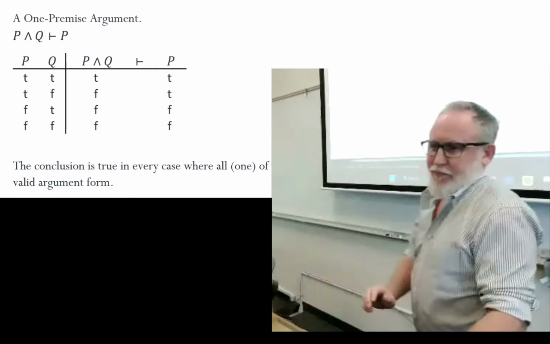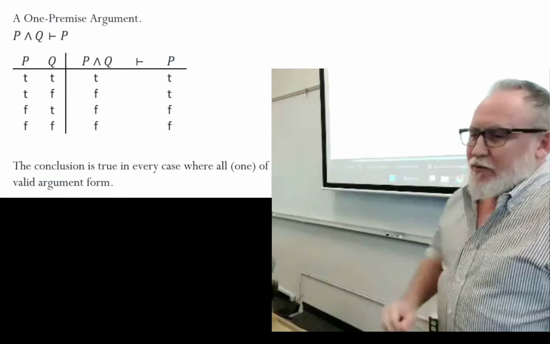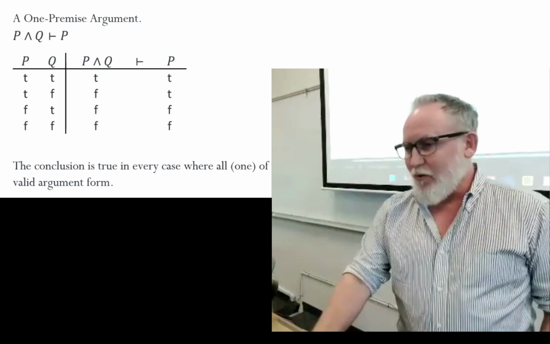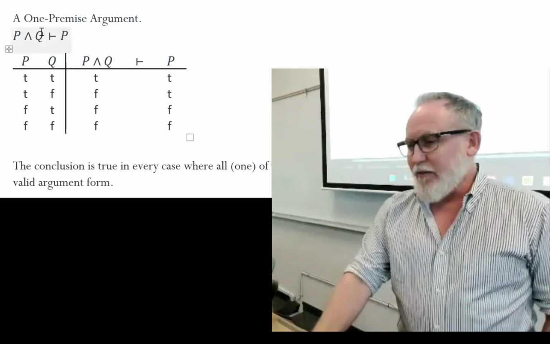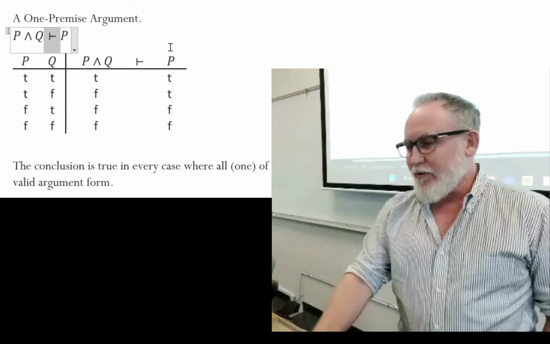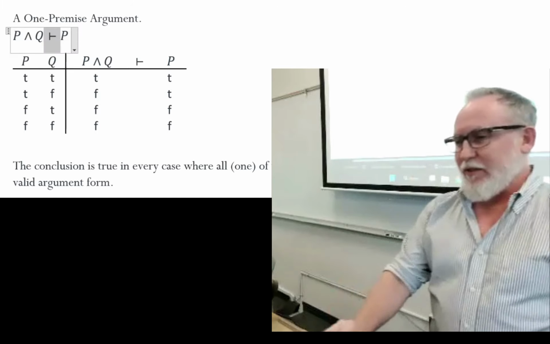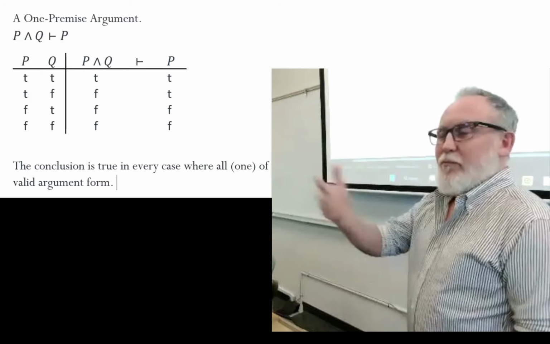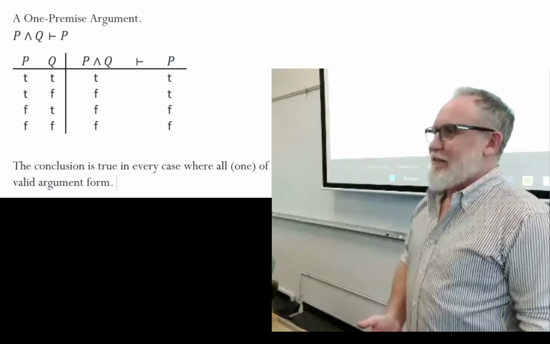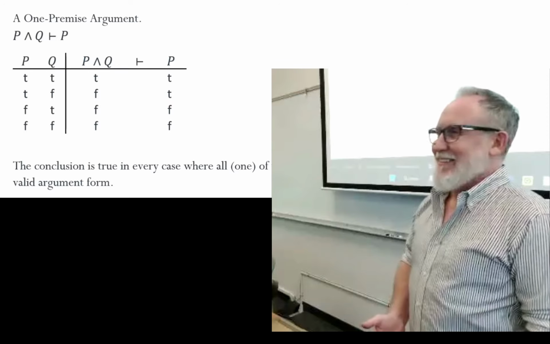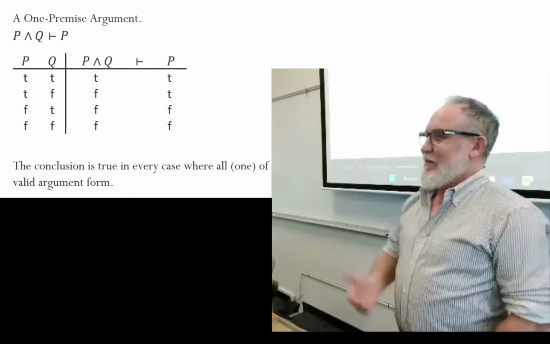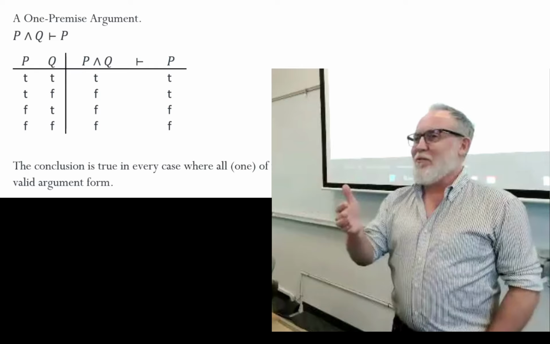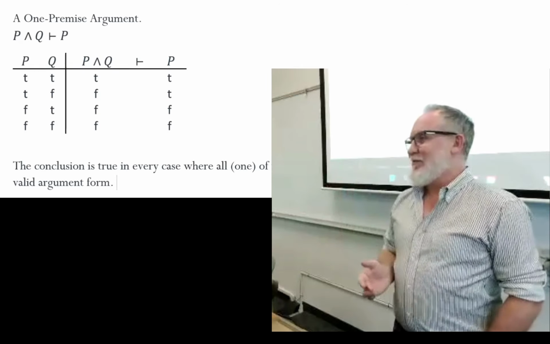So you can have a one premise argument. You can have an argument with just one premise, P and Q. This is the turnstile, means therefore, and then the conclusion. So both P and Q are true, therefore P is true. Does that sound reasonable? Both P and Q are true, therefore P is true.